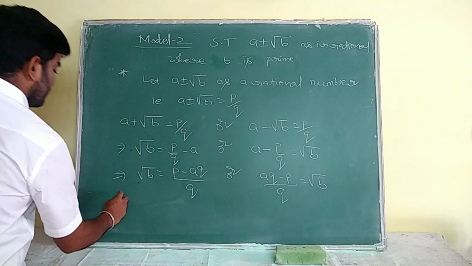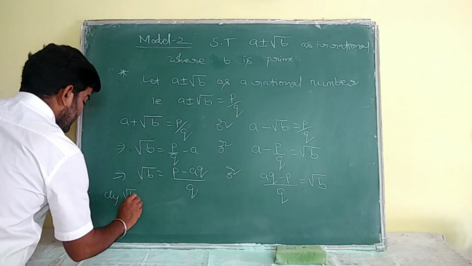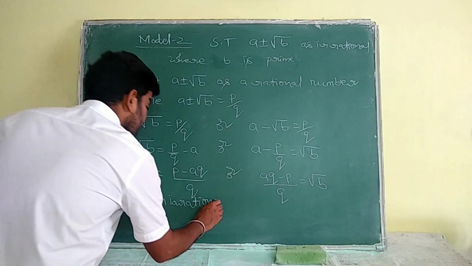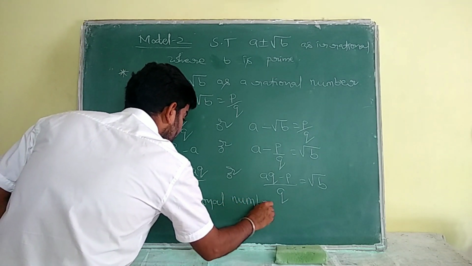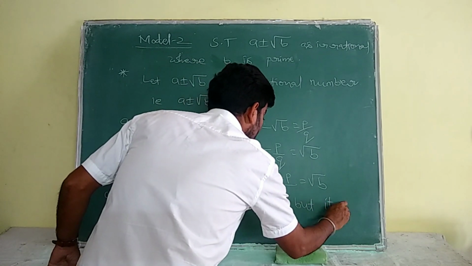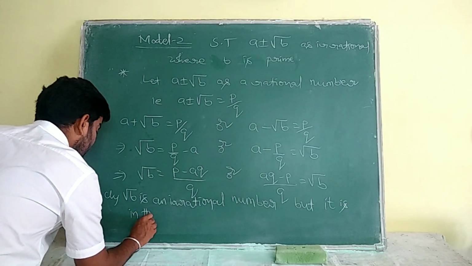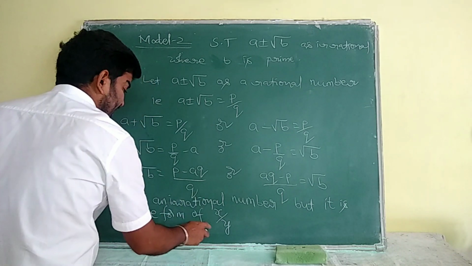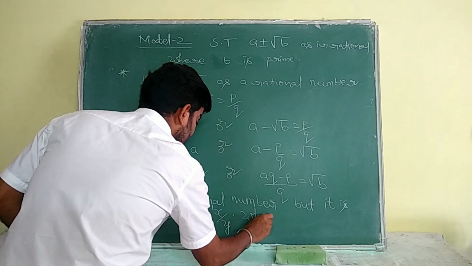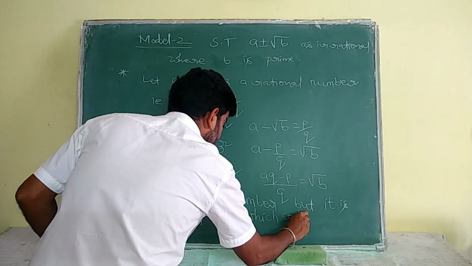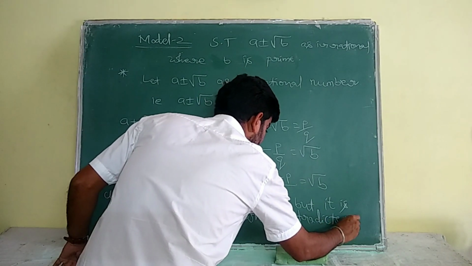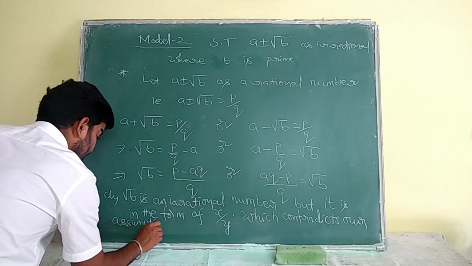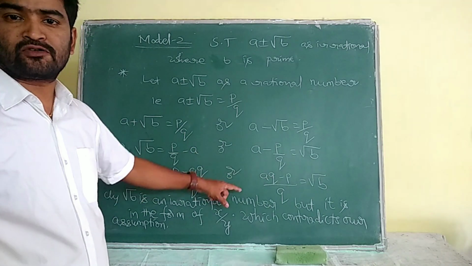So here we have to write clearly that root b is an irrational number, but it is in the form of x by y, which contradicts our assumption. For both the problems, we have to write the same conclusion.